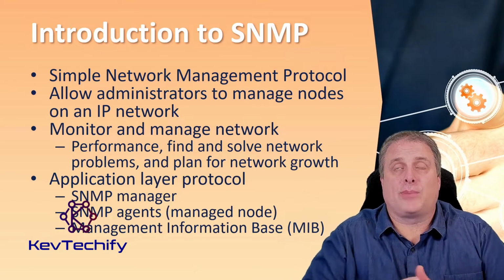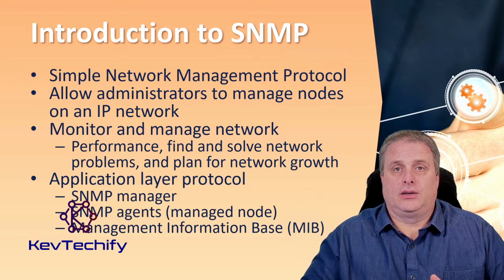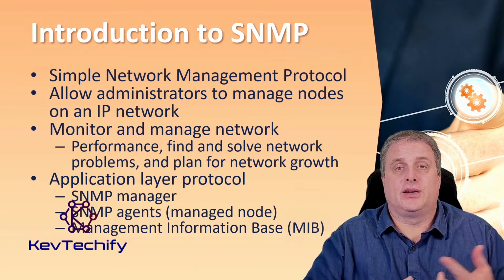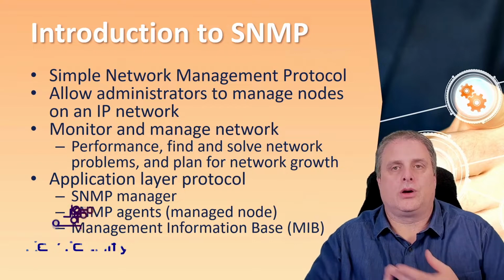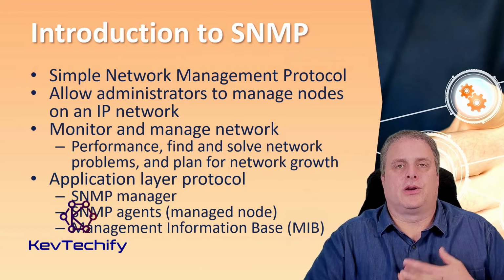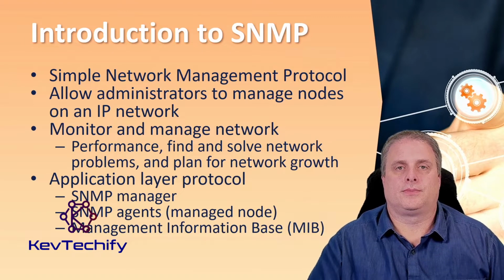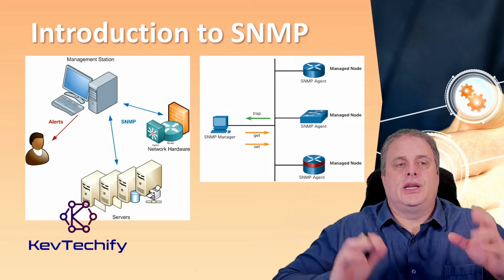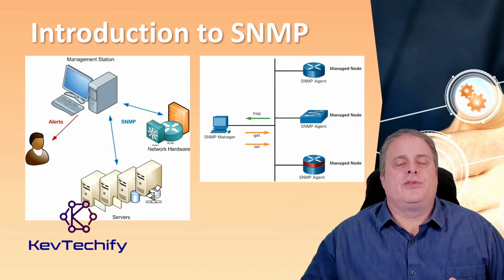SNMP works at the application layer, and it consists of three parts: SNMP manager, SNMP agents, those are called our managed nodes, and then managed information bases, or MIBs. How you can do this is you have all your devices on the network.